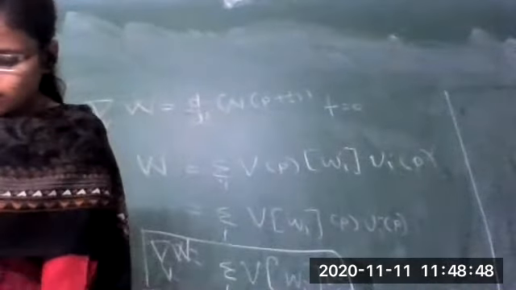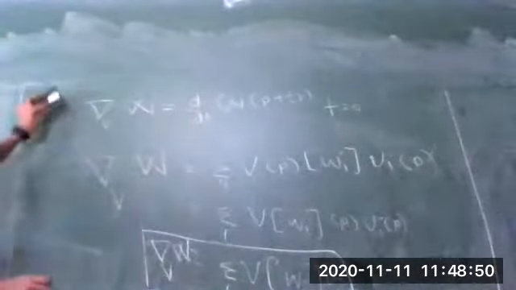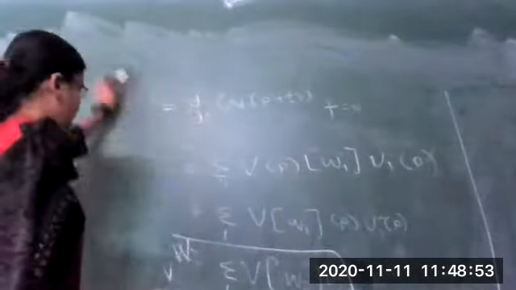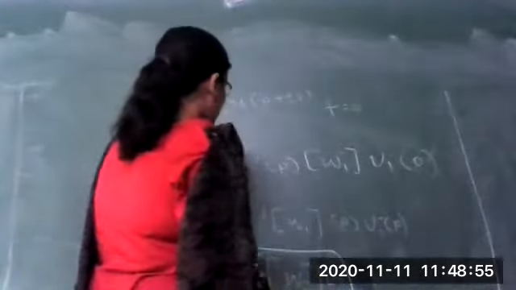We have to see the properties of these covariant derivatives. The properties of the directional derivative we have seen already. In a very similar way, we have to see the properties of the covariant derivative also. Okay, so let us go one by one.